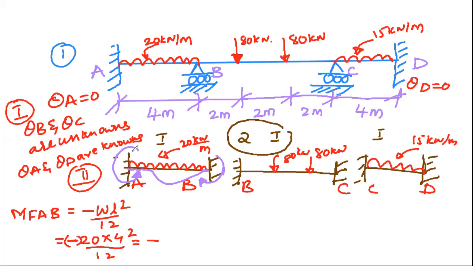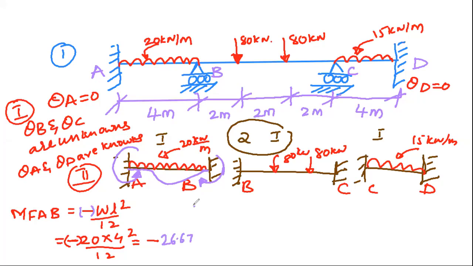So for MFAB, this is an anti-clockwise direction, you can see my cursor, and this is a clockwise direction. So that is the reason I am applying minus sign over here. So you will be getting it as minus 26.67.